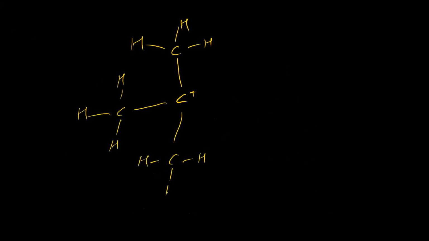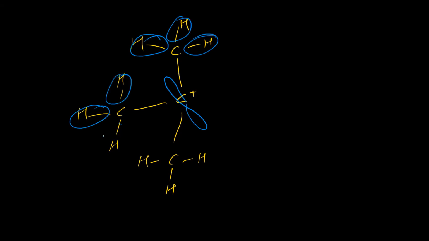Many students will recall because I am drawing the same diagram which I used to explain it. Now if this is the empty p orbital here, there are these 9 CH bonds, sigma bonds.